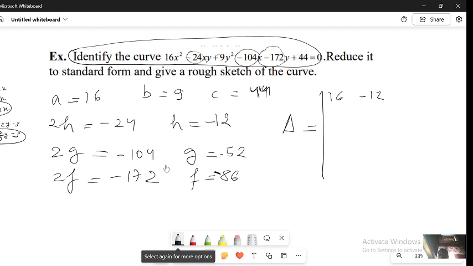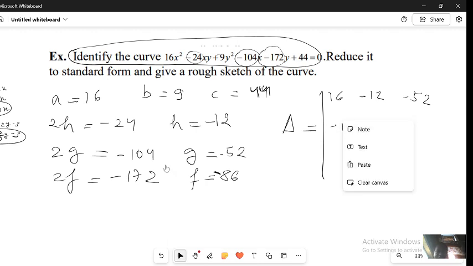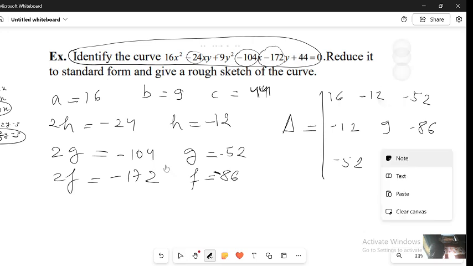The value of F is minus 86. The value of C is 44.